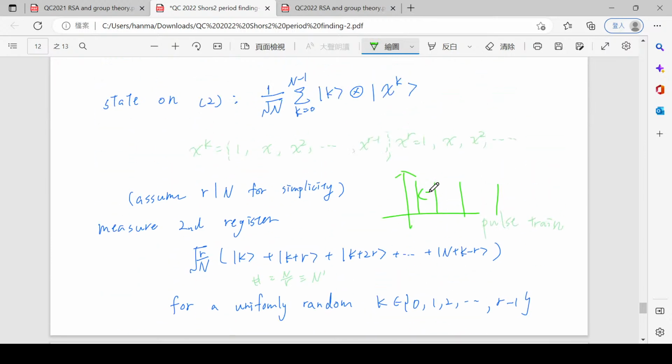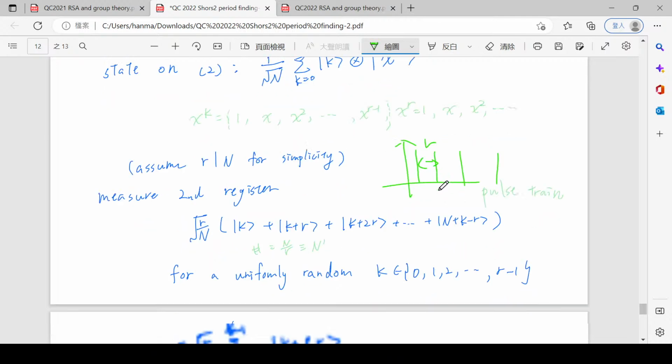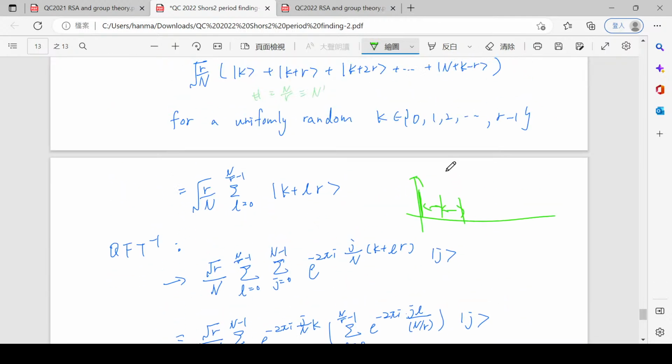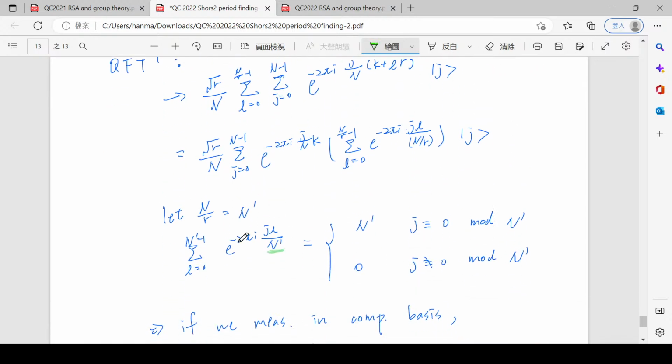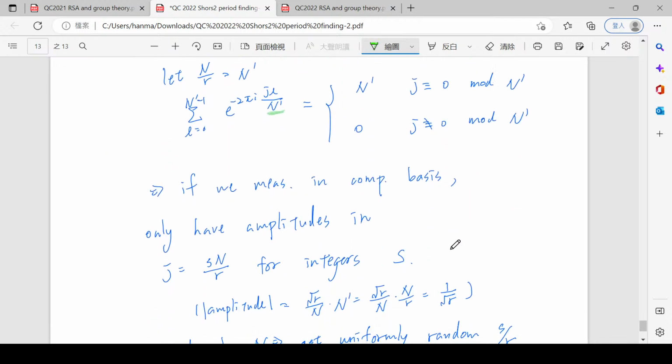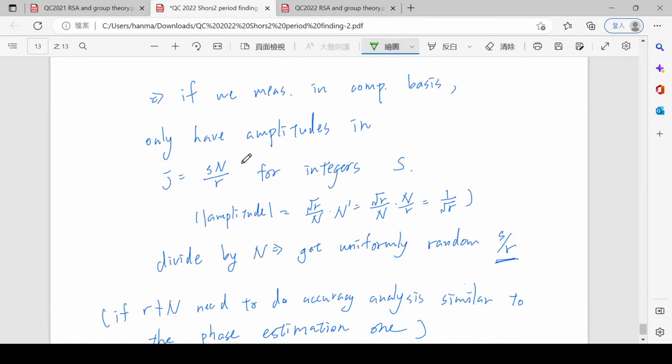If the spacing here is r, then after the Fourier transform the spacing will be 1 over r. There might be some constant depending on how you normalize things. But anyway, you get spacing 1 over r here, and when you measure, you see a random multiple s over r. There is some scaling, but it doesn't really matter.